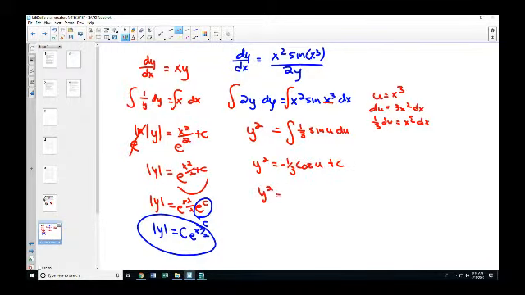Just make sure you plug back your x. And then square root. So it's the same process, you just have to use substitution in the integral instead of having a straight up memorization problem.